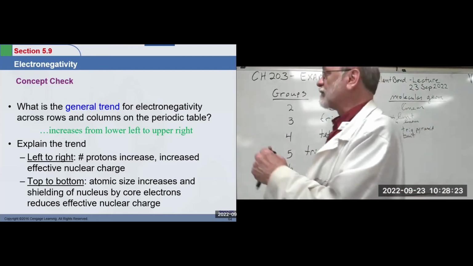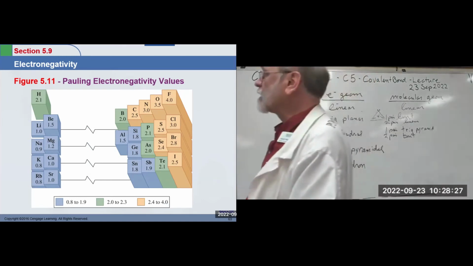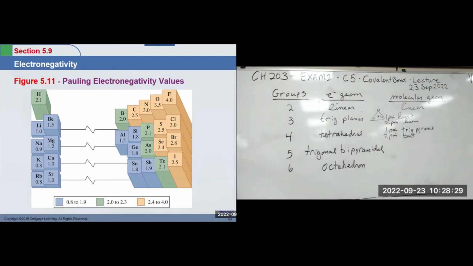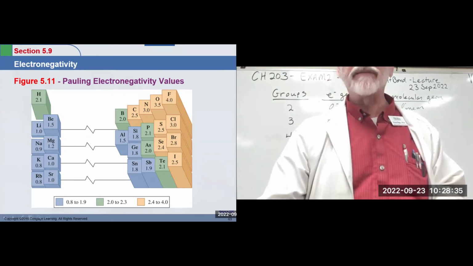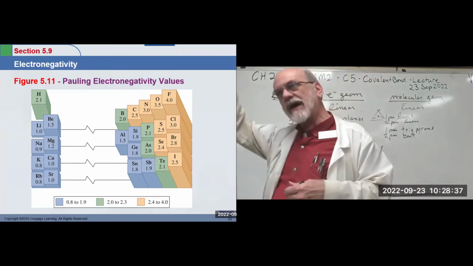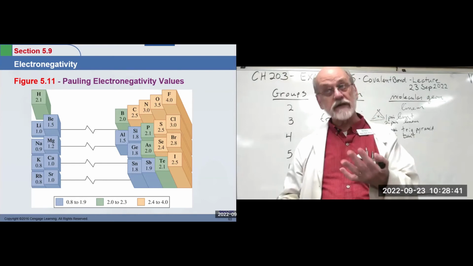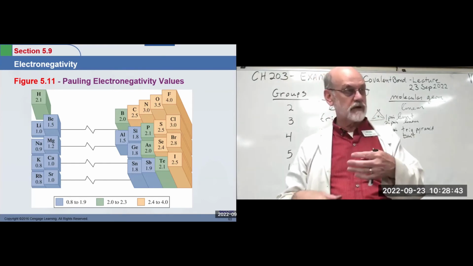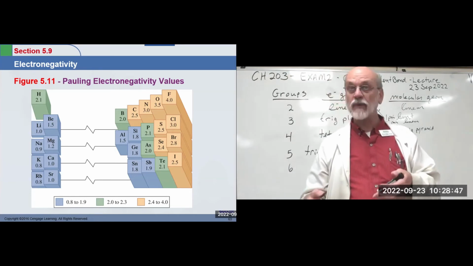Now from top to bottom, you see a decrease. So why do you see a decrease? This one's a little more difficult to explain. So as you go down in a group, what's happening? Well, you're adding protons. Yes, that's true. You're getting a higher Z number.